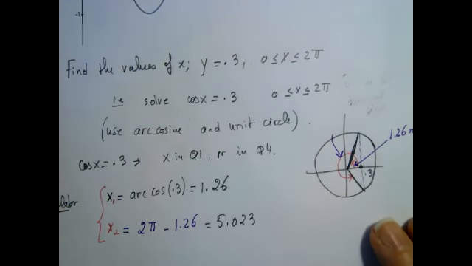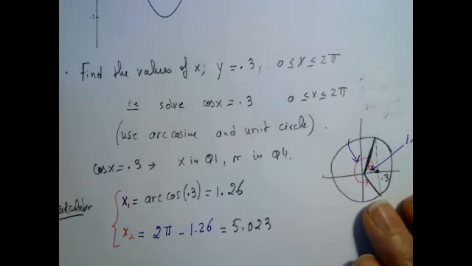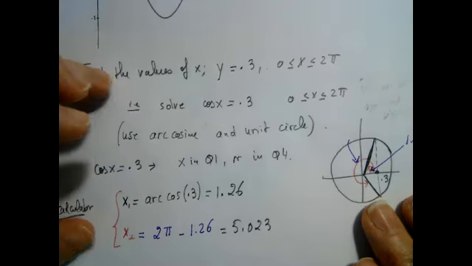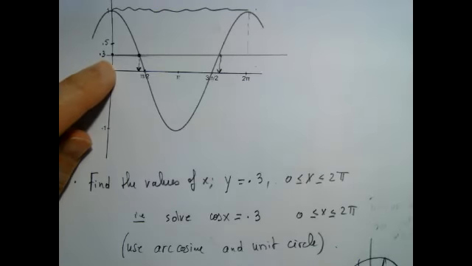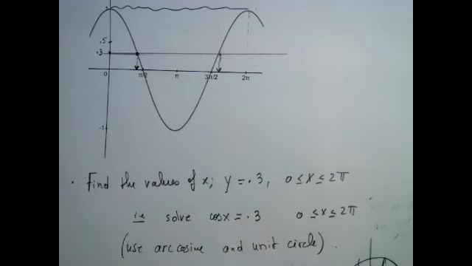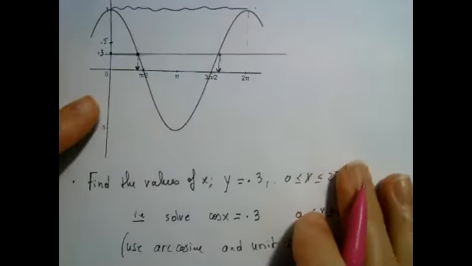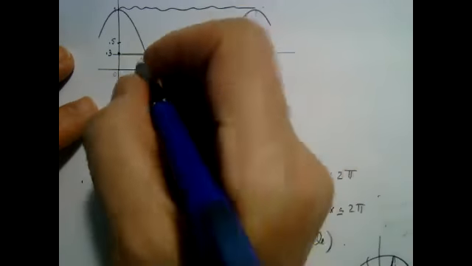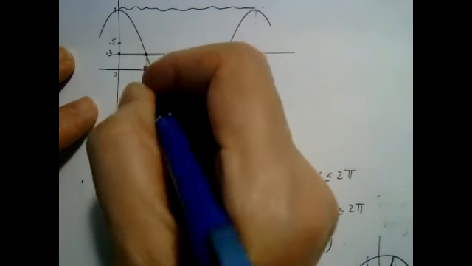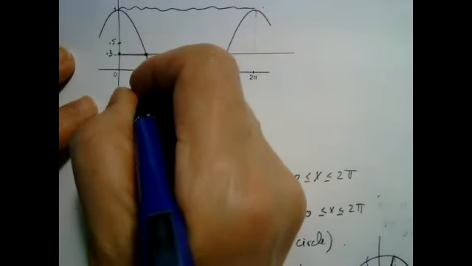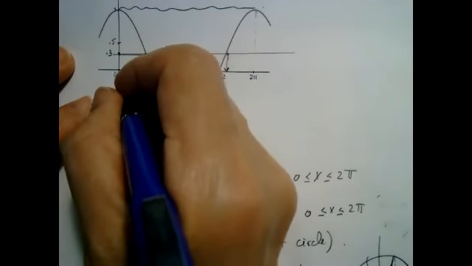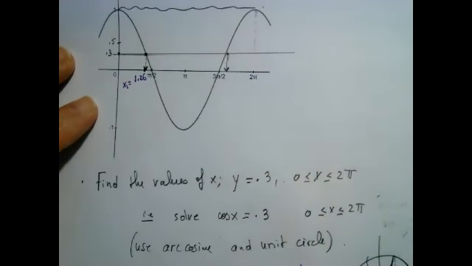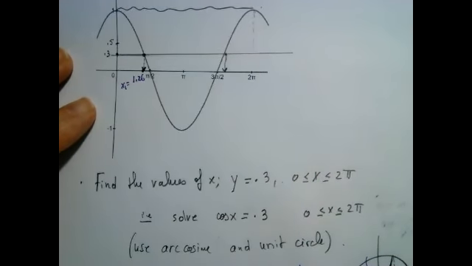Now I'm going to mark those on the graph of cosine. So the question is, find all the points that satisfy cosine x equals 0.3. So on the graph, which point am I looking for? This point. This is the 1.26. That's the x1. That's the one the calculator gave me.